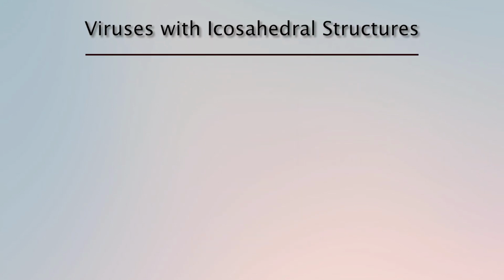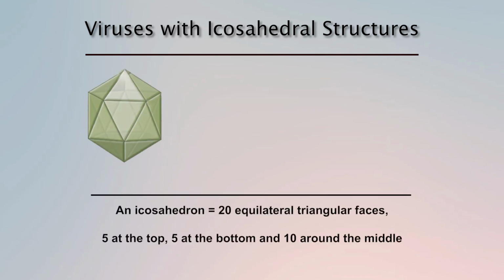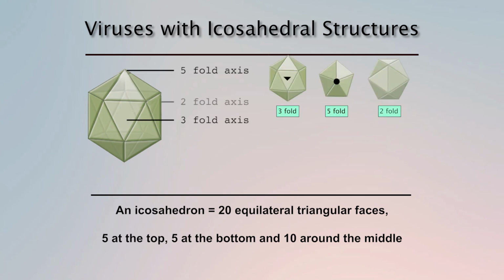Now there are viruses with icosahedral structures. So what is an icosahedron symmetry? An icosahedron is made from 20 equilateral triangles. That is, we can see 5 at the top, 5 at the bottom and 10 around the middle.